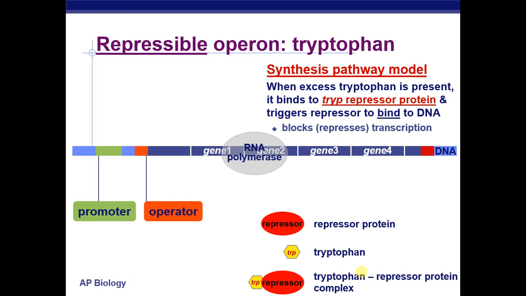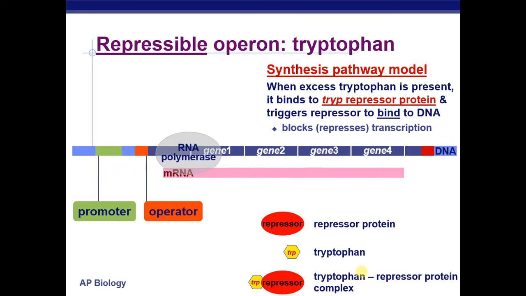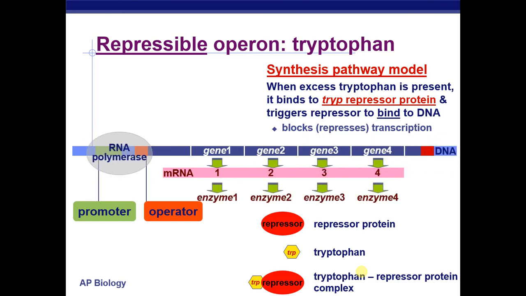So normally, when tryptophan isn't present, RNA polymerase is able to transcribe the genes and they can be translated into enzymes, right? That's what normally happens. So normally, as the normal null state, it is on.